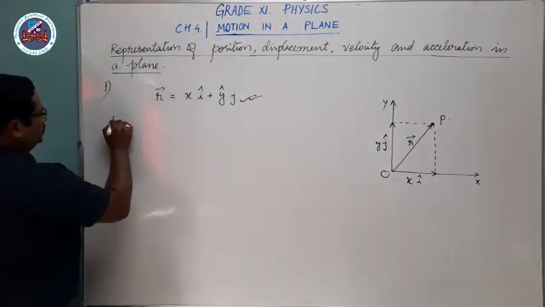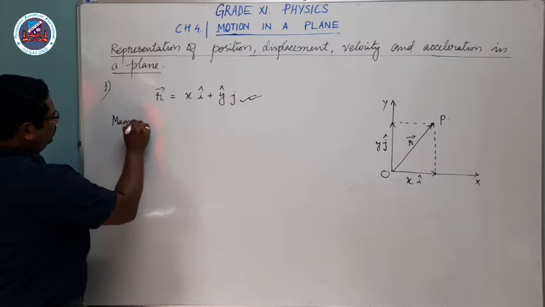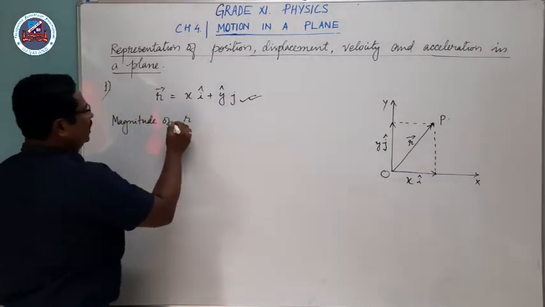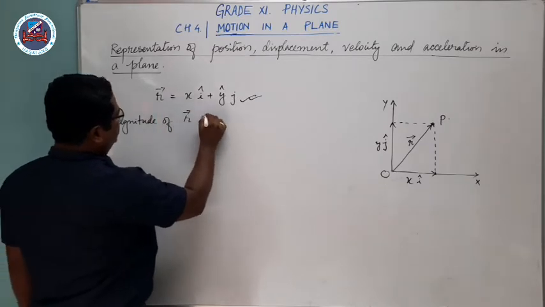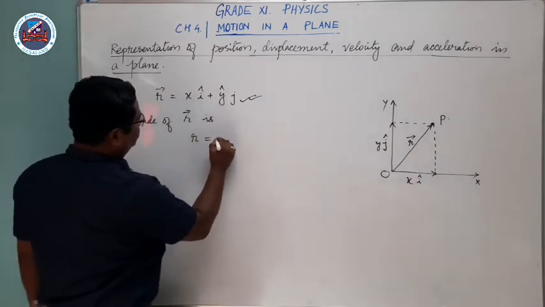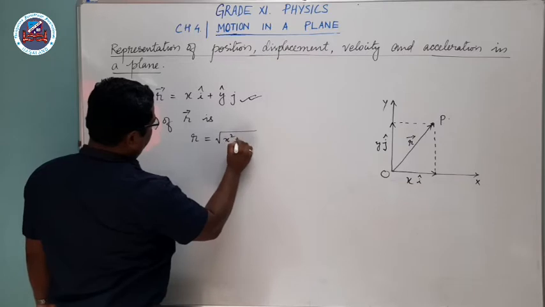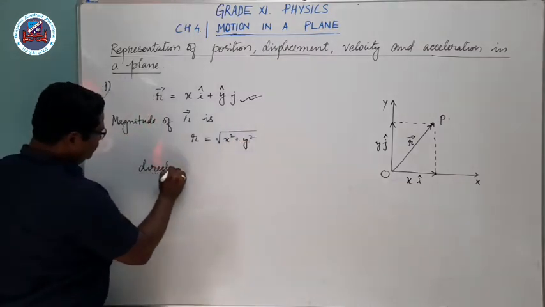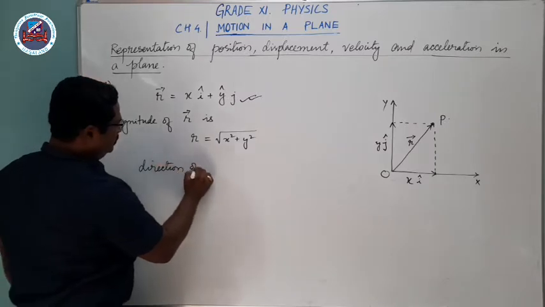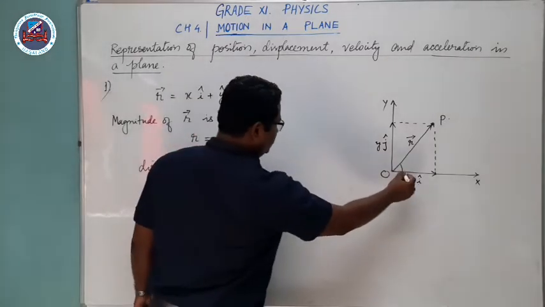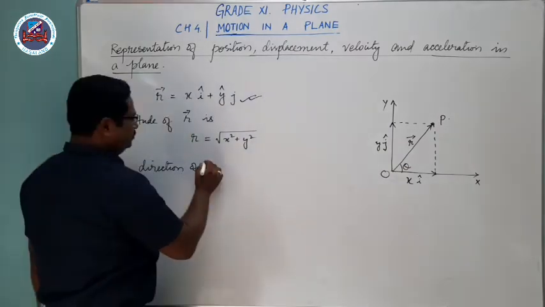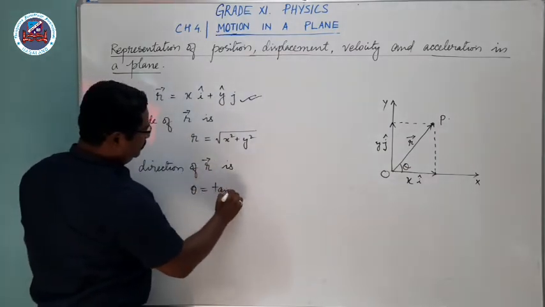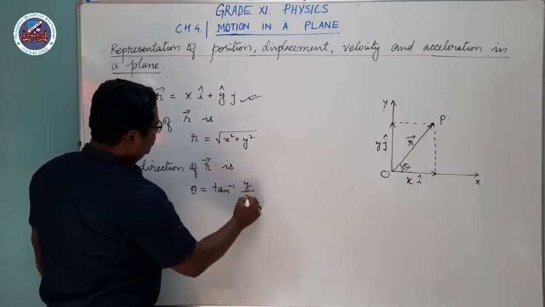Its magnitude, the magnitude of position vector R, we write as R is equal to root over x square plus y square, and the direction of R along the x-axis, if you take it as theta, is theta is equal to tan inverse of y by x.